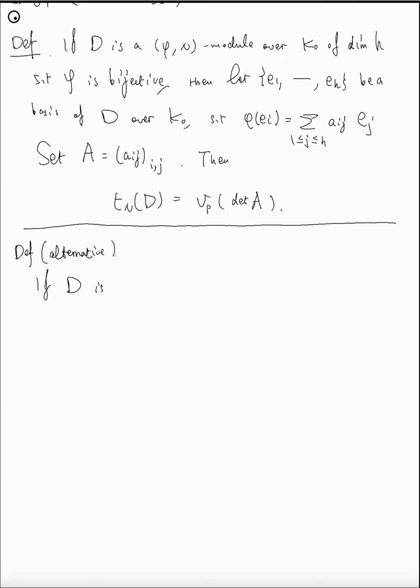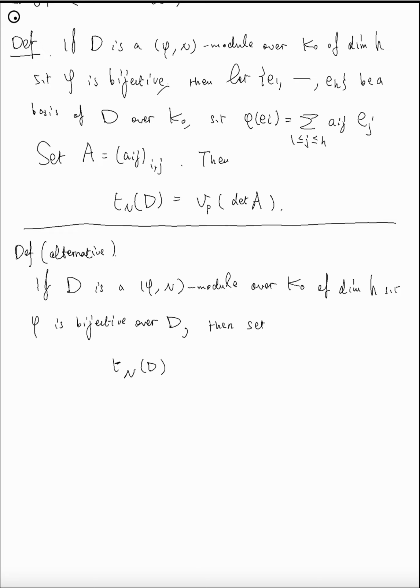Again, if D is a phi n module over K0 of dimension h such that Frobenius is bijective over D, then we set Tn of D to be Tn acting on the one-dimensional Q vector space wedge h D. Okay.